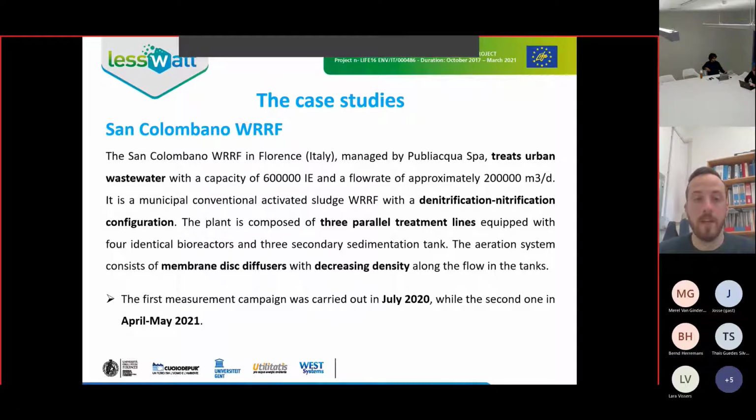It's a municipal conventional activated sludge plant with a denitrification-nitrification configuration. The plant is composed of 3 parallel treatment lines equipped with 4 identical bioreactors. And the aeration system consists of membrane disk diffusers with a decreasing density along the flow of the tanks.